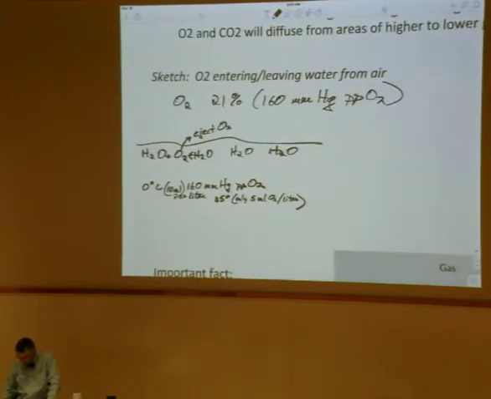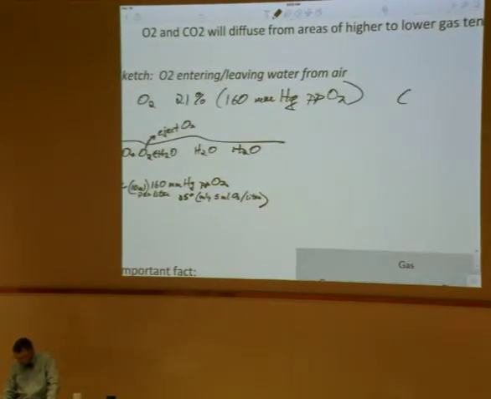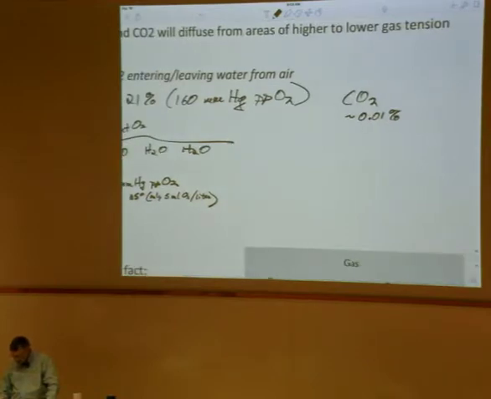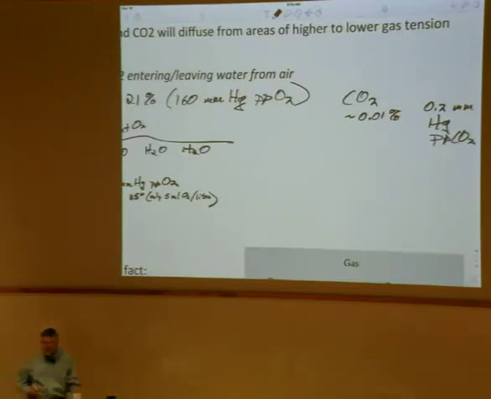If we compared that to carbon dioxide, and I don't remember the exact amount, but 0.1%, it's something like 0.2 millimeters of mercury is the partial pressure for carbon dioxide. Very low level, highly significant because it's a greenhouse gas, so we care a lot about it in other contexts, but there's not actually that much carbon dioxide in air.